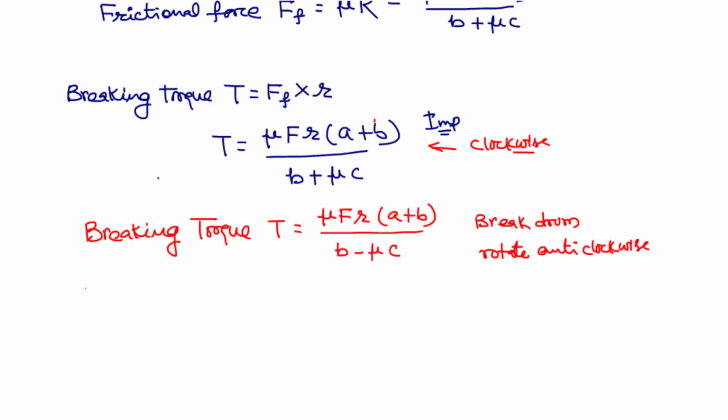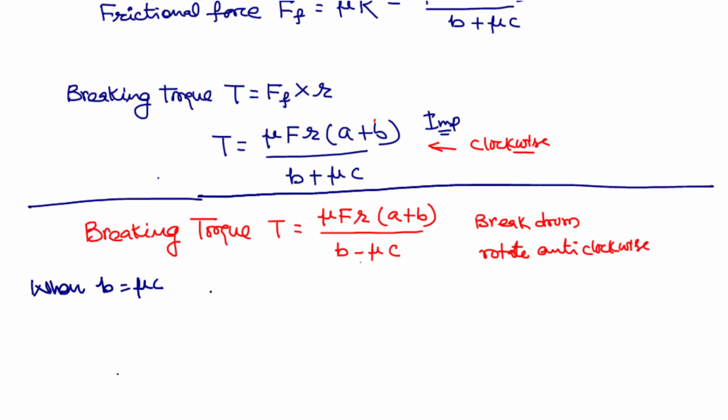This is very important: when B equals mu C, in the second case, then T becomes very large, which implies that the force needed to apply the brake is virtually zero, or we can say once contact is made between block and drum, the brake is applied itself.